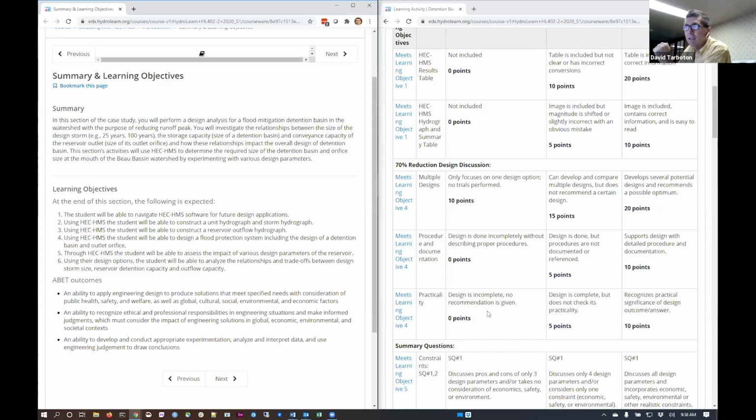Now that's obviously a judgment call. It's a judgment call at many levels. A judgment call as to how much detail you want to go into in a learning activity for students, but also a judgment call in terms of the engineering of it. If it's protecting lives and property, and it's really important property and a lot of people, you probably would be willing to spend a huge amount of money.